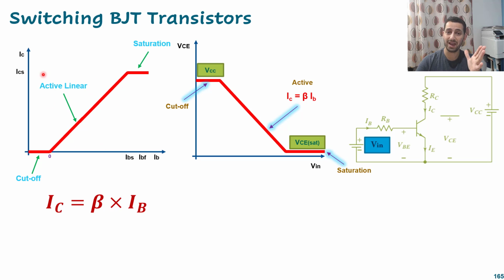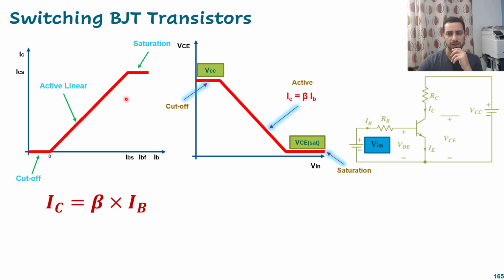Again, we have active region between them, and that active region is controlled by this equation. I collector, the current in the collector, is controlled by the gain of that transistor multiplied by the I base I'm pushing into the base, and we know that. But in the saturation or cutoff, this one is not applicable, okay? So the purpose in power electronics is to go from cutoff to saturation, and from saturation to cutoff very quickly, okay?